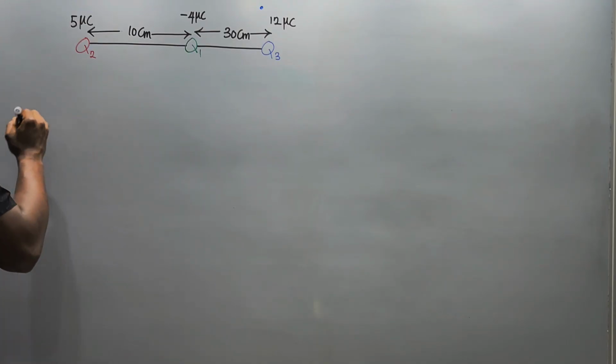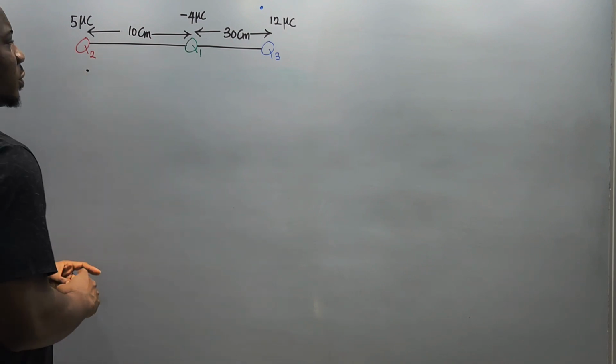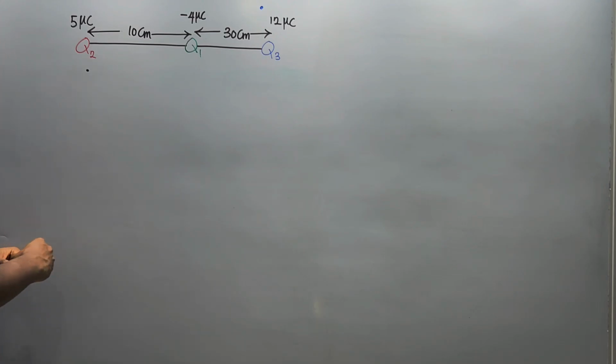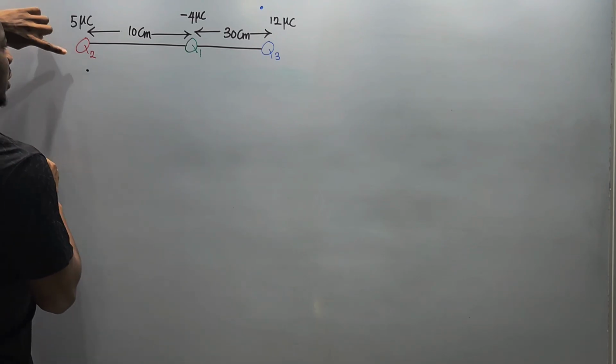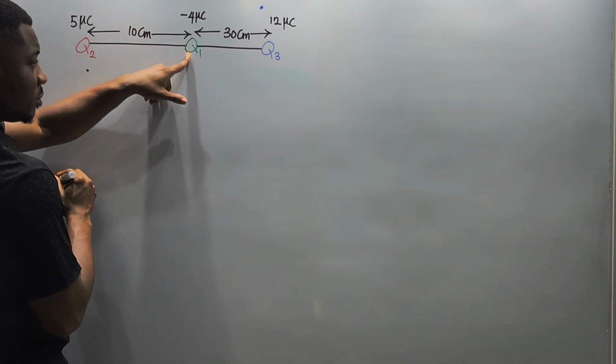Now come down to charge 2. Take note of the fact that it said look for the net force on charge 2. You would observe that charge 2 is going to attract to charge 1.